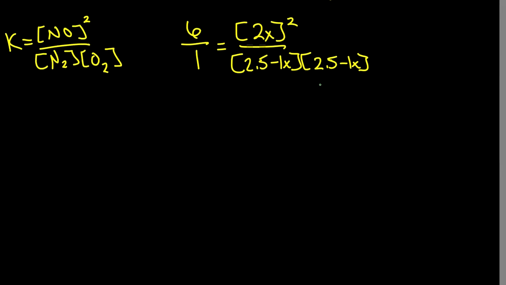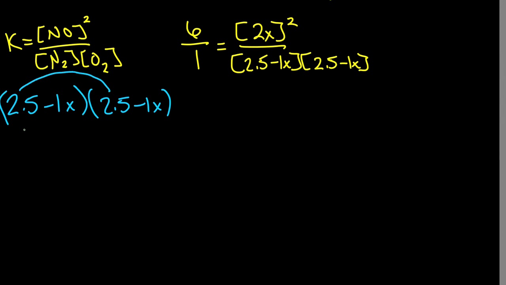So it looks like we're going to have to do a little bit of FOIL to figure out this portion of the equation. So 2.5 minus 1x times 2.5 minus 1x. 2.5 times 2.5 gives me 6.25. 2.5 times negative 1x, negative 2.5x.